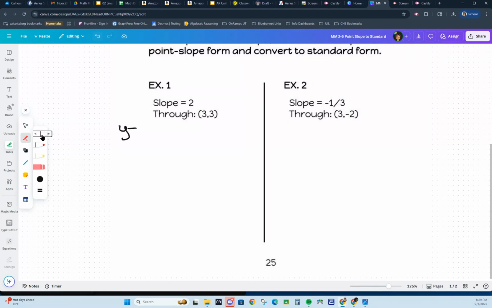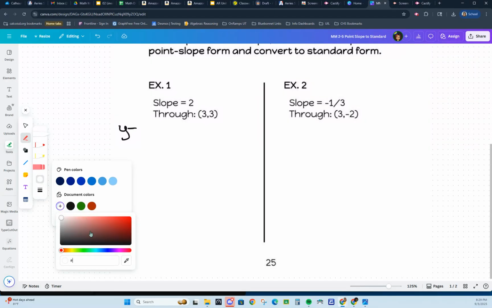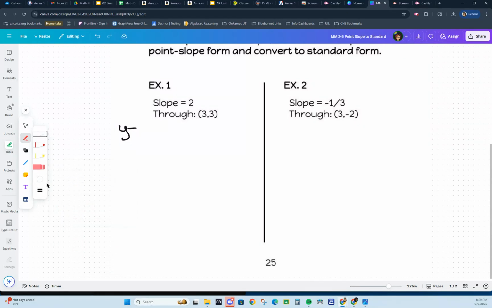Now remember, this is going to be our x1 and our y1, and this is going to be our slope.